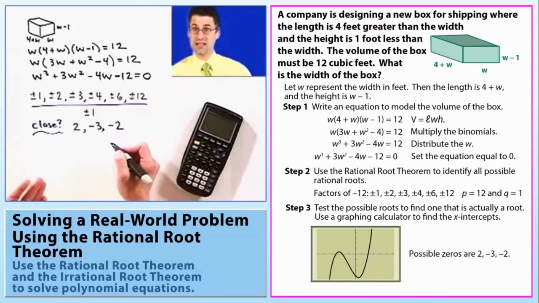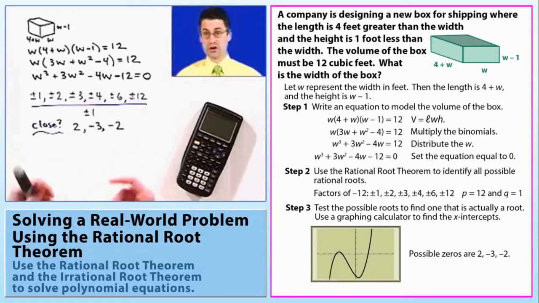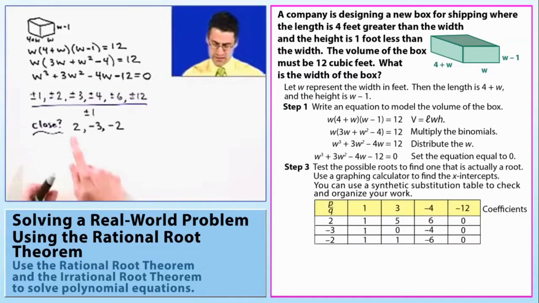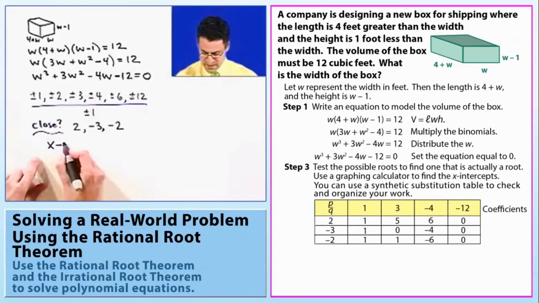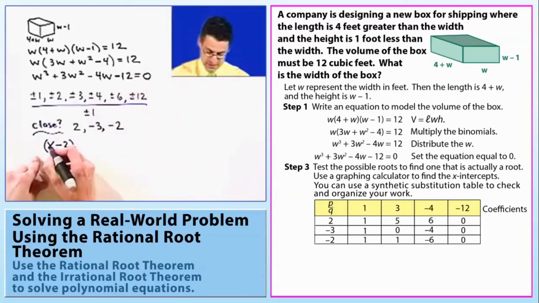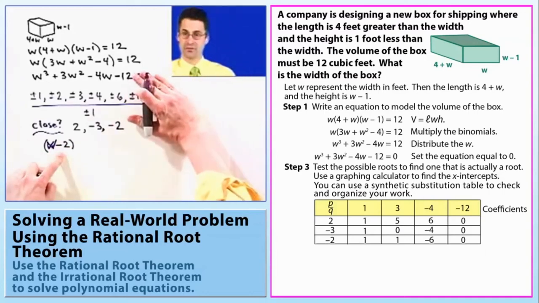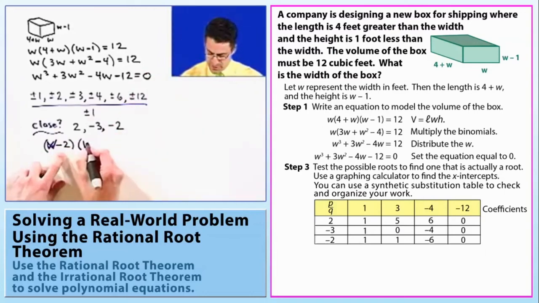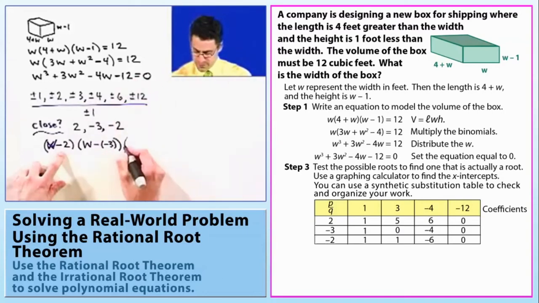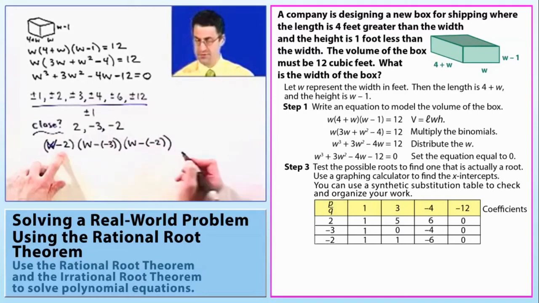Now we can check to see if they really are roots by using the fundamental fact that 2 is a root if and only if W minus 2 is a factor of this polynomial. Similarly, W minus negative 3 should be a factor, and W minus negative 2 should be a factor.